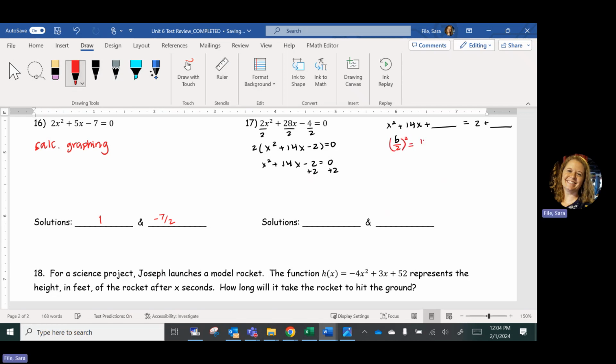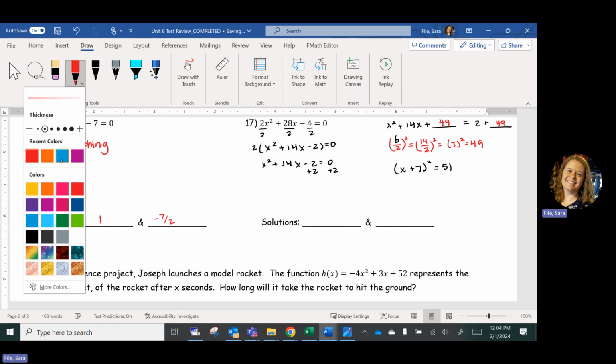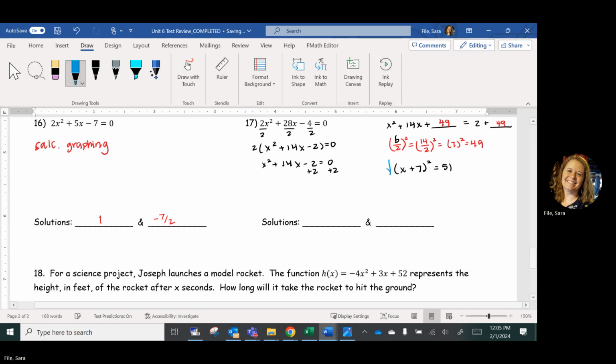B is 14 now that I took out the GCF. So 14 divided by 2 is 7. Squared is 49. So 49 goes in the blanks. So this perfect square trinomial will become x plus 7 squared. And then 49 plus 2 is 51. So then we're ready to take the square root of both sides.